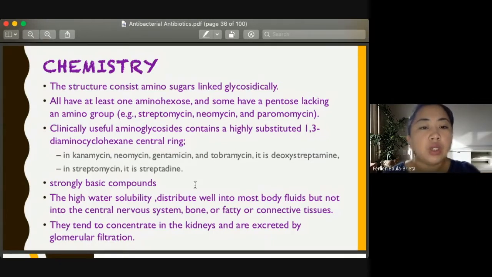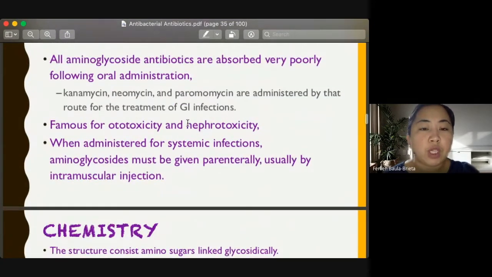Now let's relate high water solubility to high kidney concentration and elimination. That property leads to the explanation of nephrotoxicity. Okay?